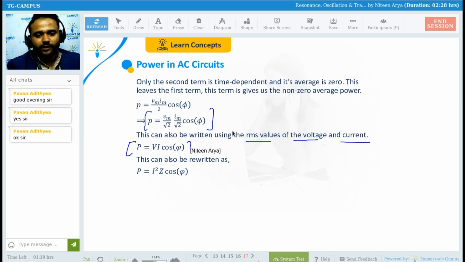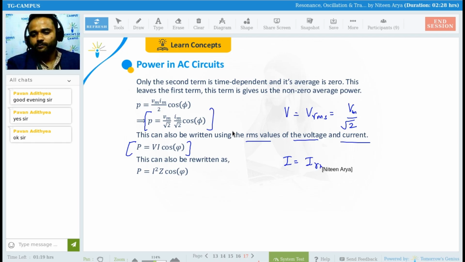So P equals VI cos phi, where V equals Vrms, the root mean square value, Vm by root 2. In the same sense, capital I is Irms, which is Im, the max or peak, by root 2. So this can also be written as I square Z cos phi.